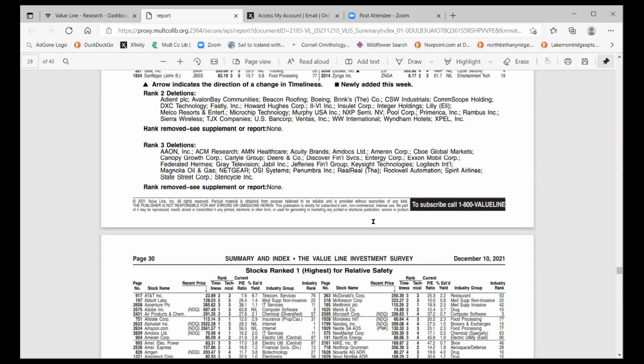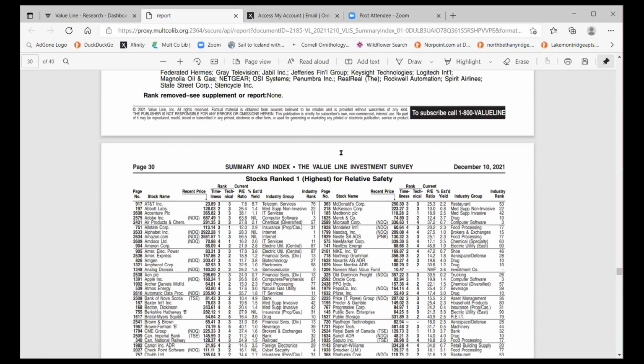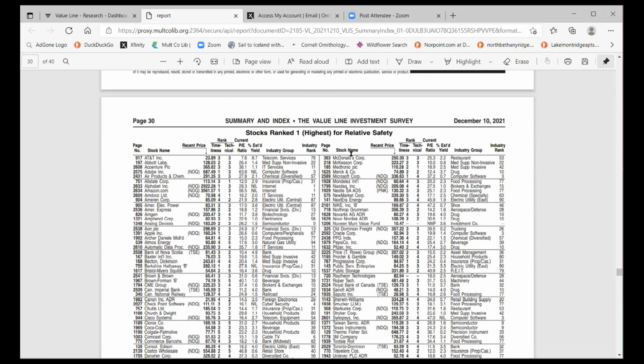Now, after these pages, you drop into the safety ranking. Now, that's another thing that I use when I'm choosing a stock. Again, I look at the income to see what it is, but over here, we'll just take AT&T. That's been a heavy one talked about this week, so we'll stay there. That's a good place to go. There's AT&T.